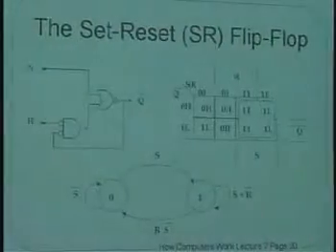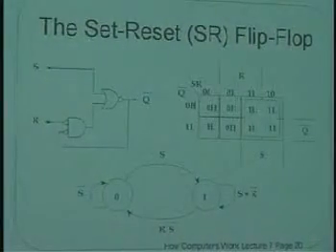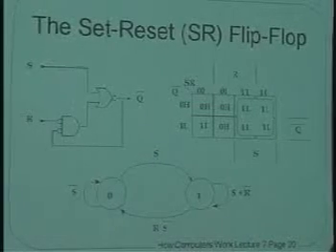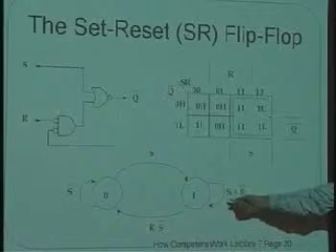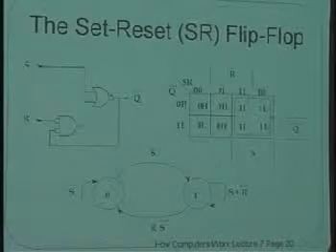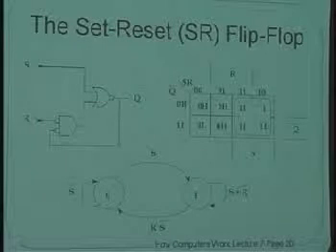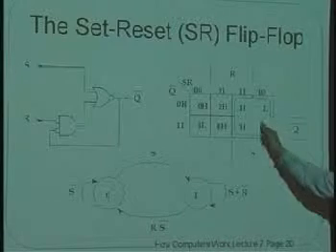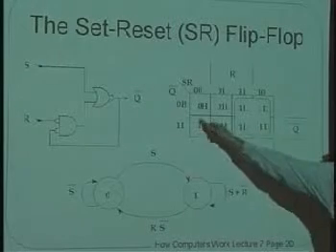Okay, there are other fundamental mode circuits, and I'm going to very briefly go through these just so that you'll see them. One's called a set-reset flip-flop, which looks like this, and the state diagram looks like that. And I'm not going to bother to go through it in detail, except to show you the Kmap for it, which looks like this, except I didn't show you that the other term is this guy here.